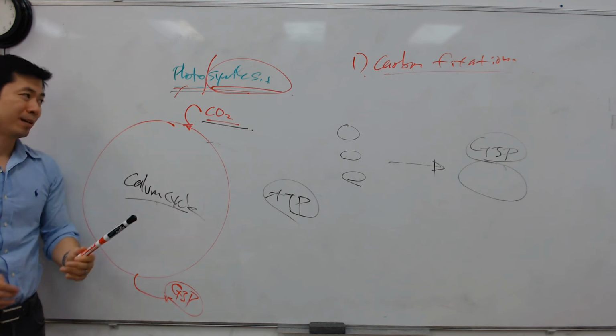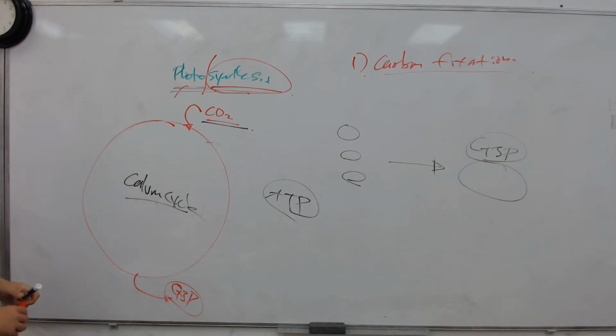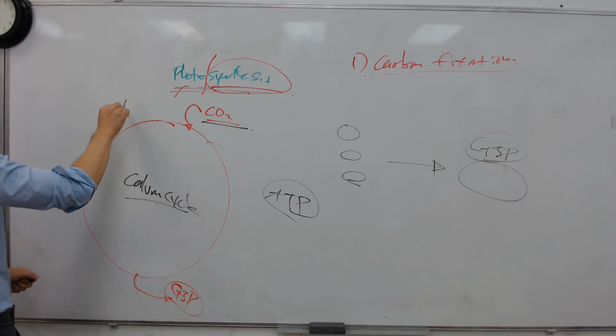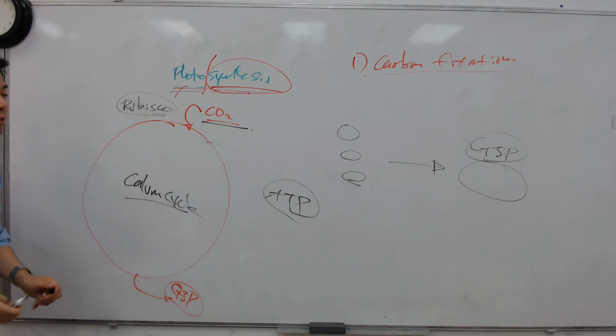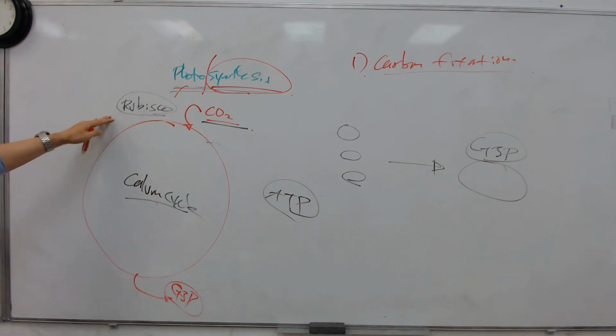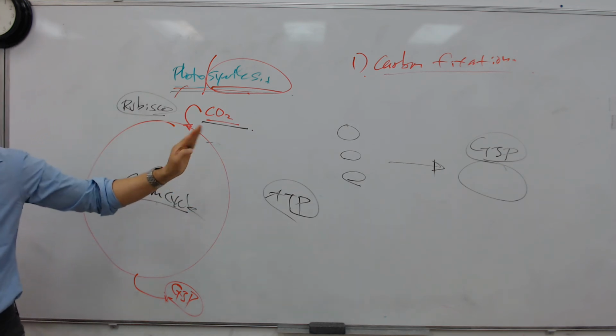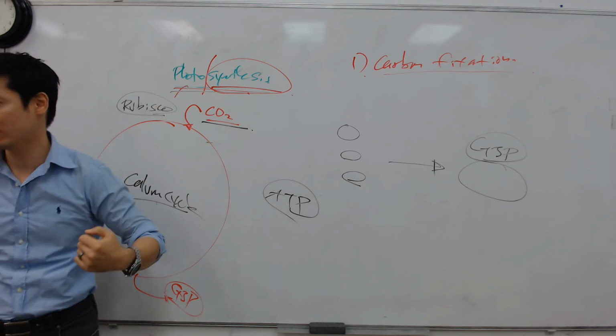So which means what, guys? There's an enzyme. This is important. There's an enzyme called Rubisco. You gotta know this. It's an abbreviation for something, I don't know what. It fixes the CO2 and brings in CO2 because there's not a lot out there.